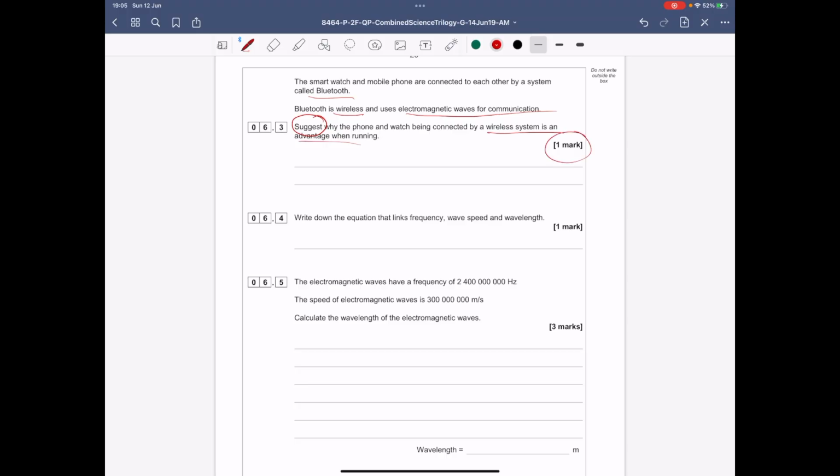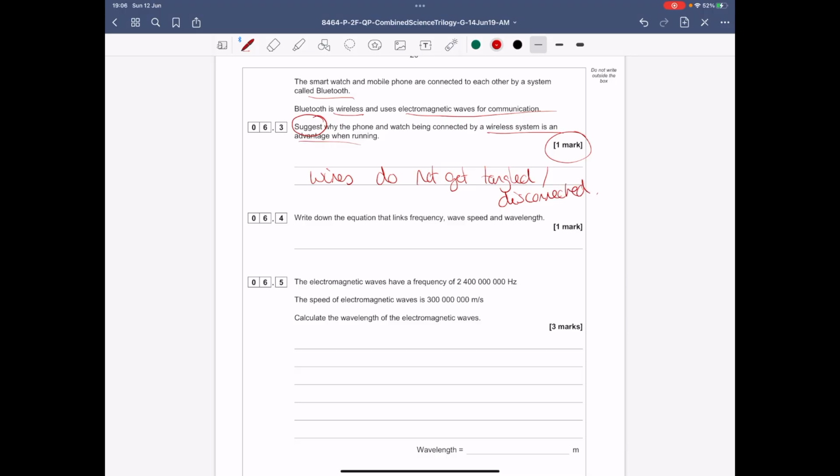What's the issue with running and wires is that they can get tangled. So you could say wires do not get tangled or disconnected.